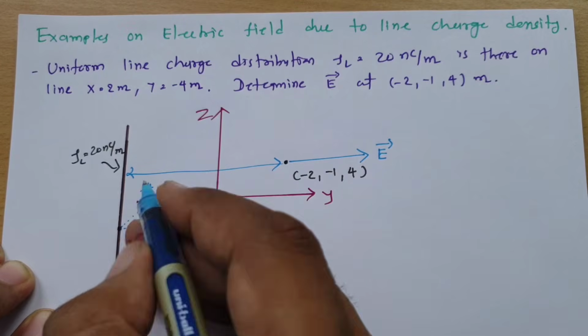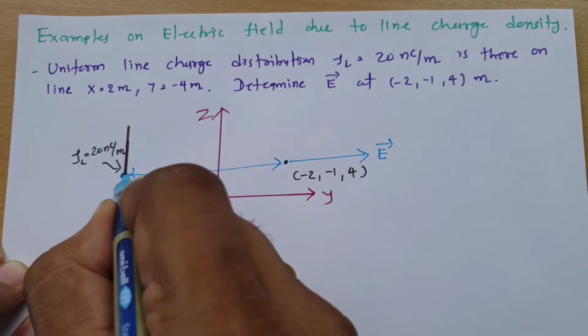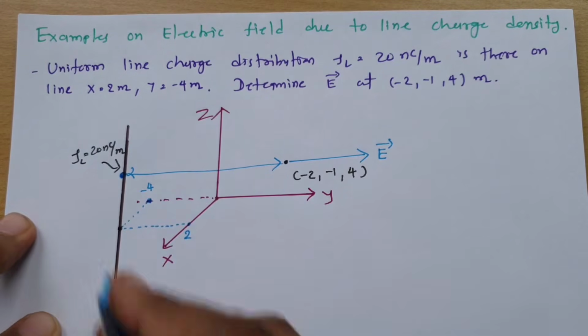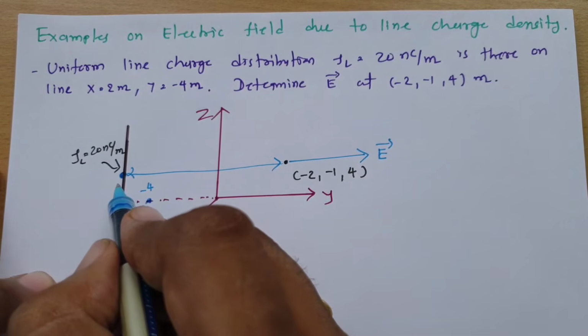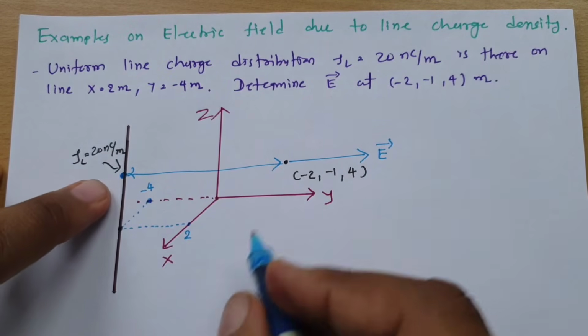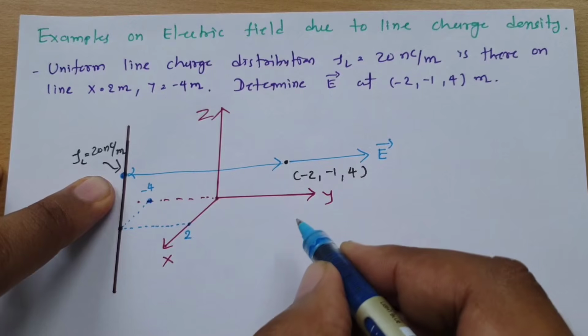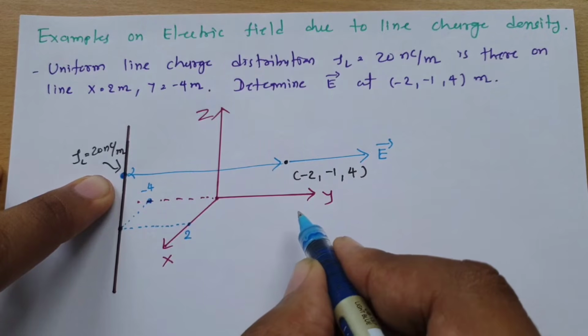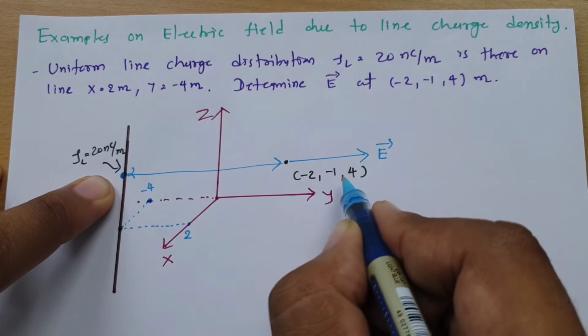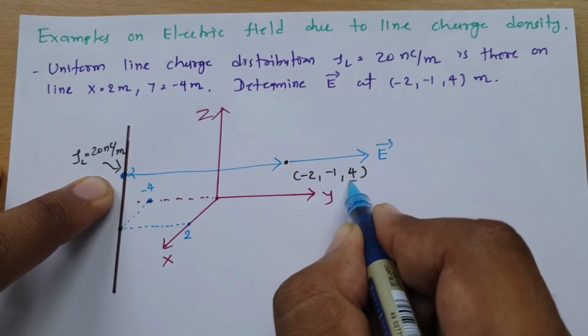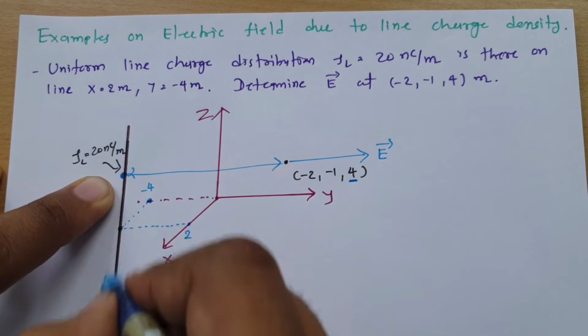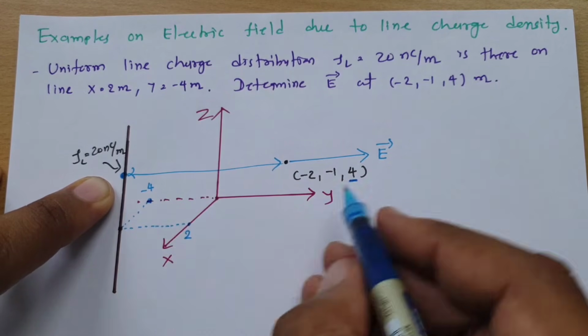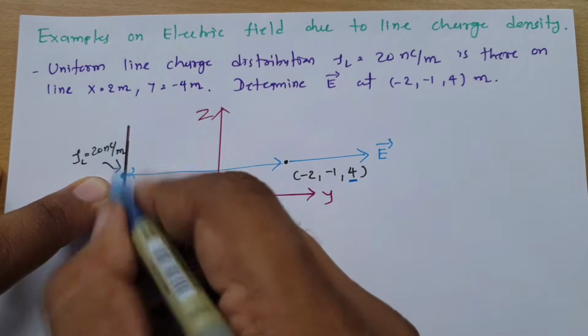For this perpendicular distance we need to know what this point is. This point should have the same z coordinate. As this is the z axis, the minimum perpendicular distance has the same z coordinate as z is varying.